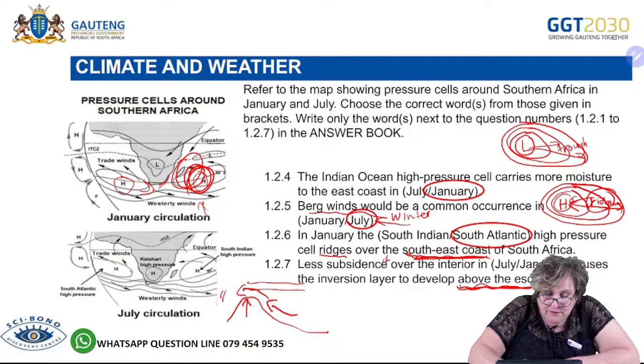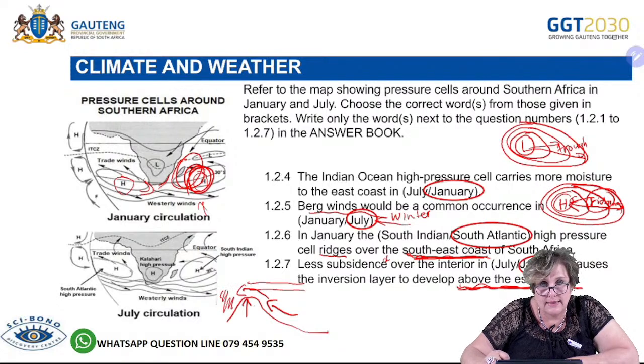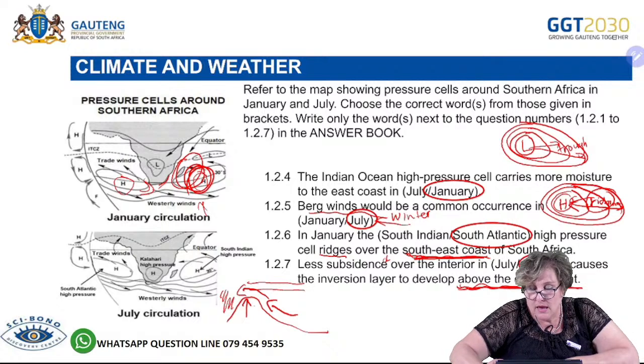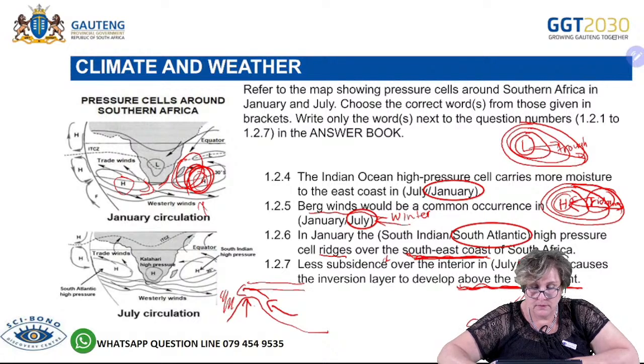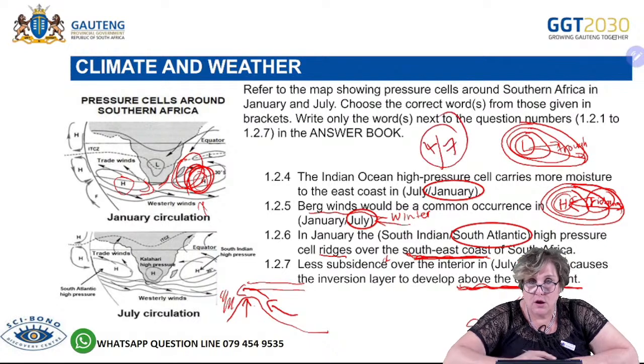And then I have rain in the interior, and that can only occur when it is January. Why? In January, we have summer in the southern hemisphere. Boys and girls, I'm sure it's manageable to get at least 4 out of 7 for this question.